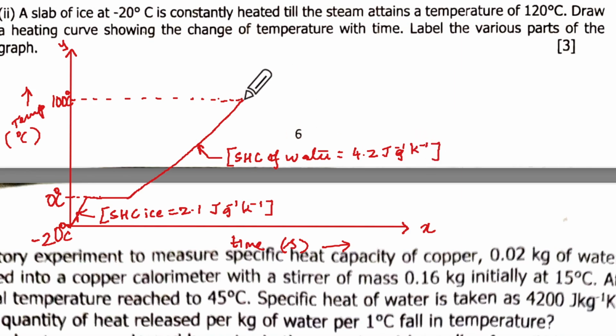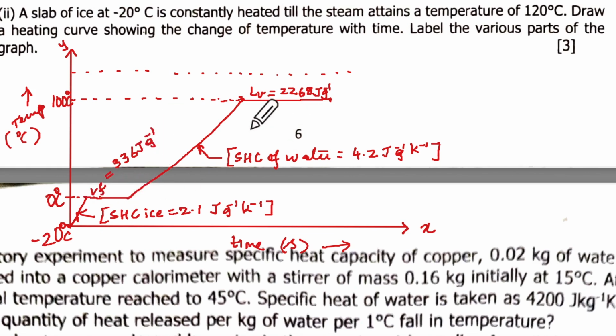Then it is going to, at 100, get converted into steam, but it will take a longer time. Why will it take a longer time? Because here LV is how much? 2268 joule per gram, and this is shorter because LF, latent heat of fusion, is how much? 336 joule per gram.